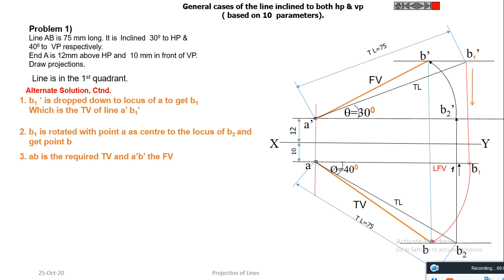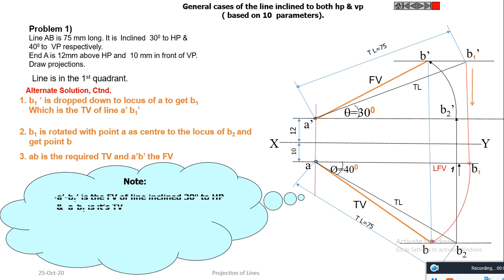So study these parameters, very important parameters, which is the base for the remaining problems. Here A dash B1 dash is the front view of the line inclined at an angle 30 degree to HP and parallel to VP. So A dash B1 dash is the front view and its top view is A B1.